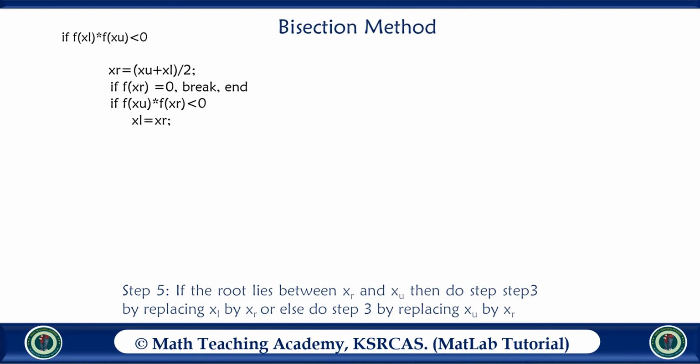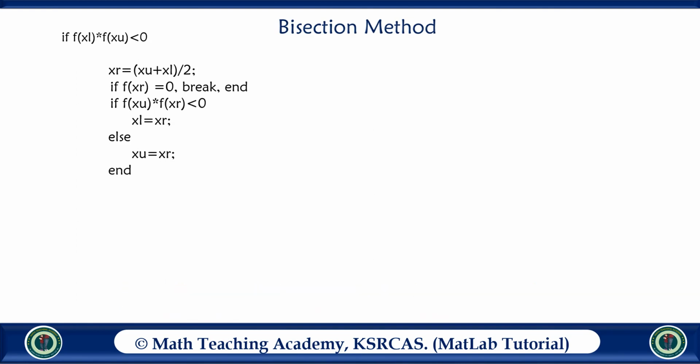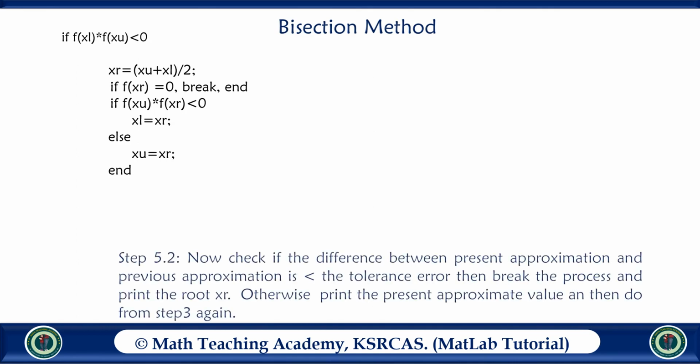So that is why here replace xl by xr, else replace xu by xr, and then transfer the control to xr is equal to xu plus xl by 2. That is why here we have written an end statement.